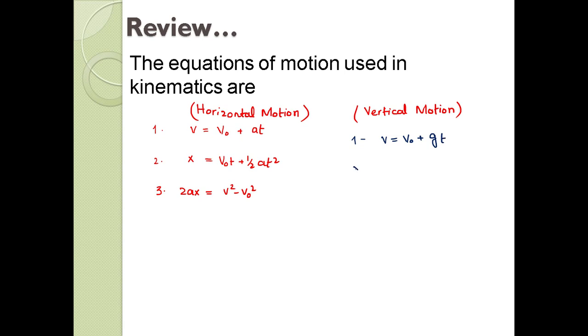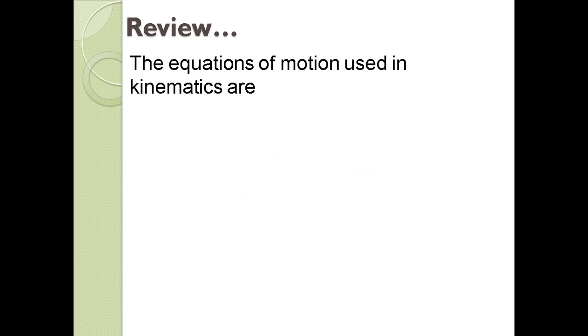The second one, the vertical distance, becomes y = v naught y t + half g t squared, and the third one is 2gy = v squared minus v naught y squared. Here we can say vy, because the subscript shows that we are moving vertically, not horizontally.